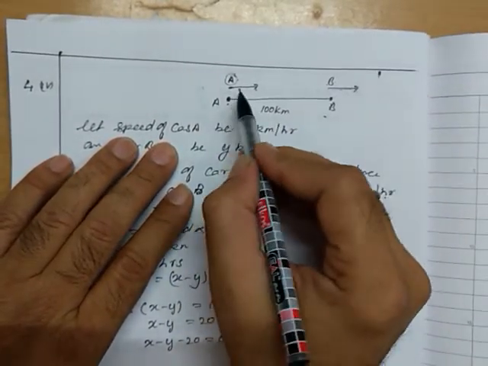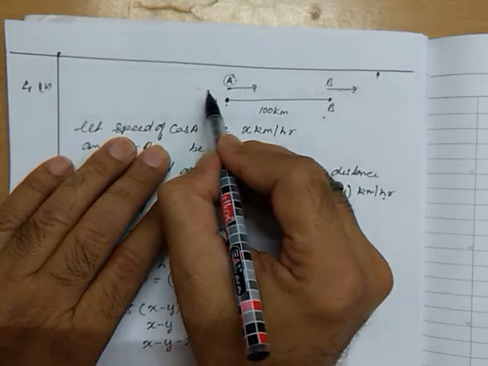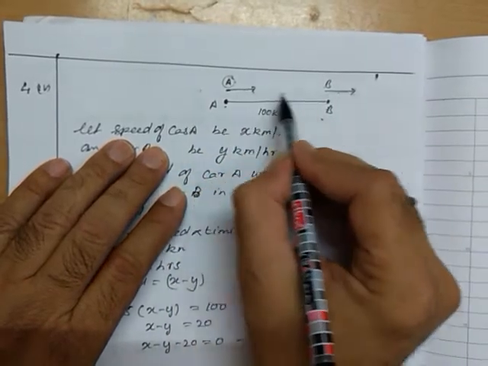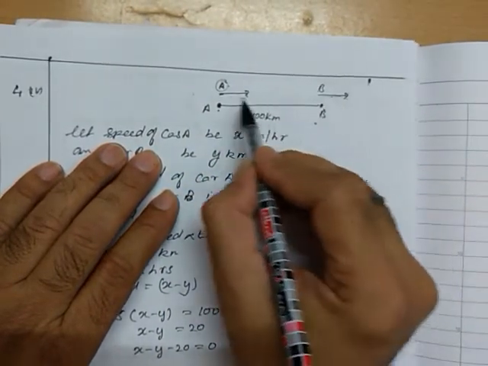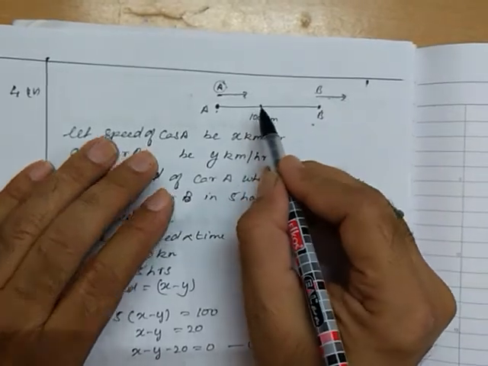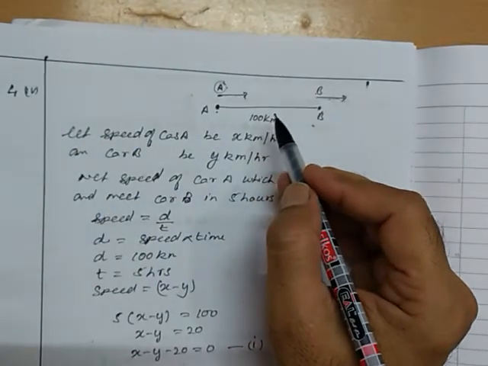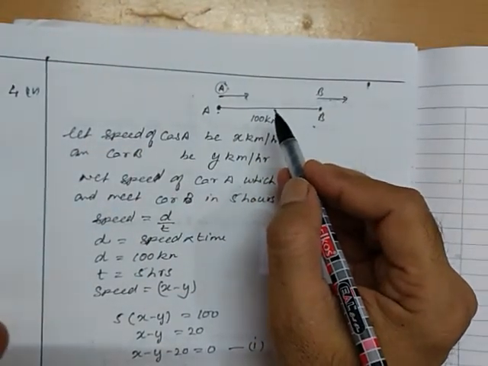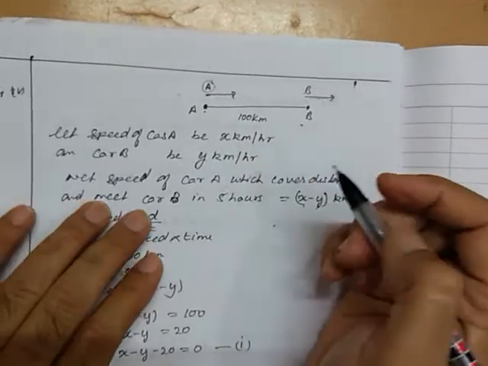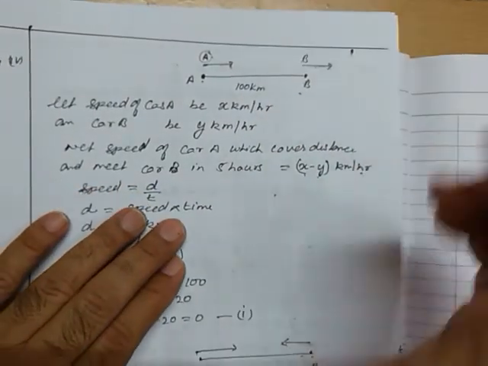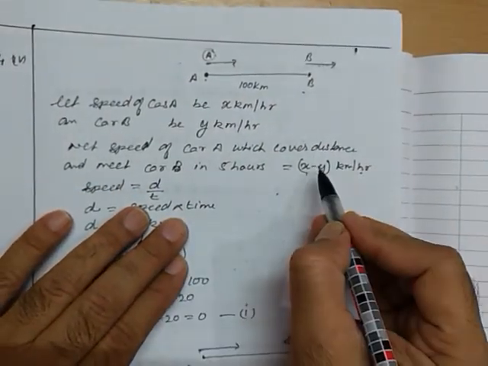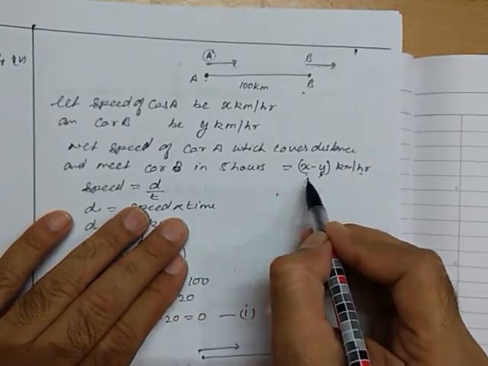When both the cars are moving in the same direction, then the net speed of the car with the higher speed will reduce. It will not slow down, but the speed of overtaking will reduce.